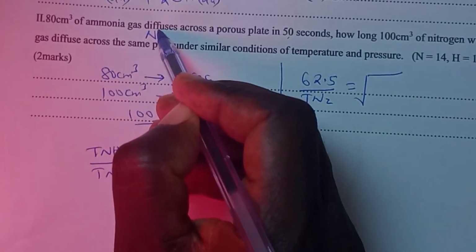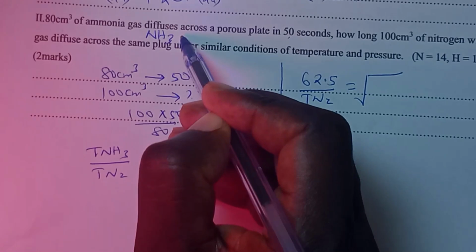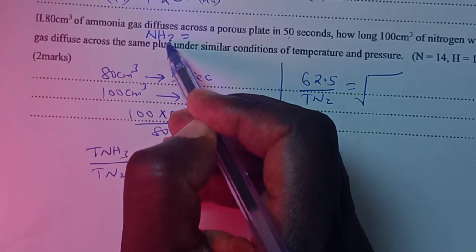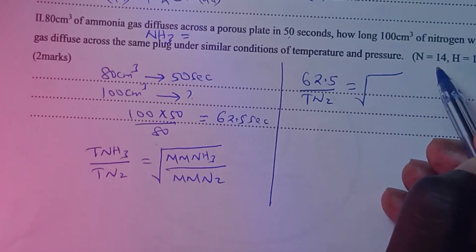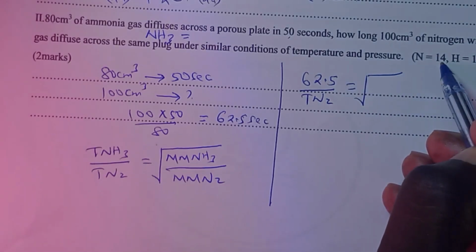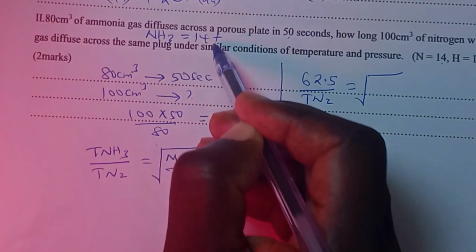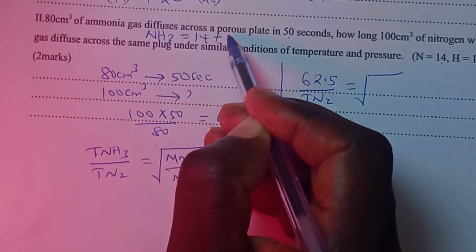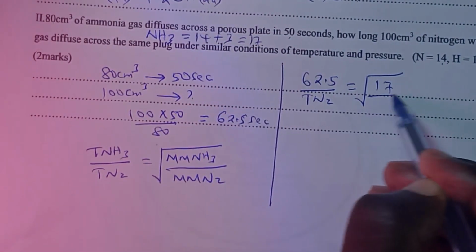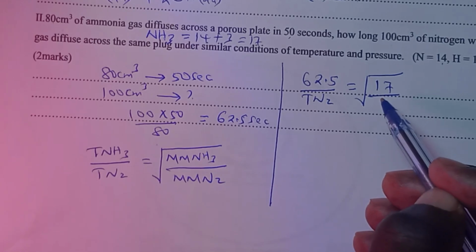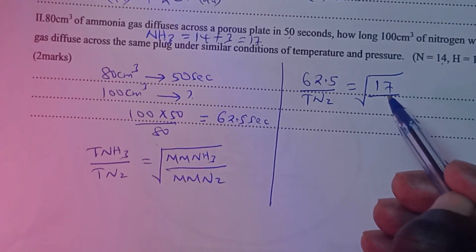Ammonia has 1 nitrogen atom and 3 hydrogen atoms, so the molecular mass will be: nitrogen has a relative atomic mass of 14, you add hydrogen, which is 1 times 3, you get 3, giving us 17, divided by that of nitrogen gas.